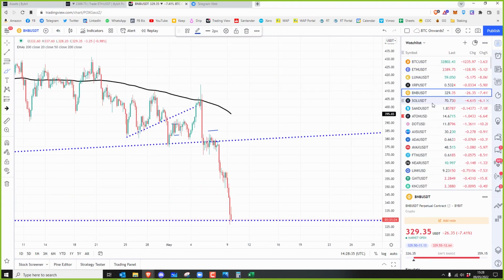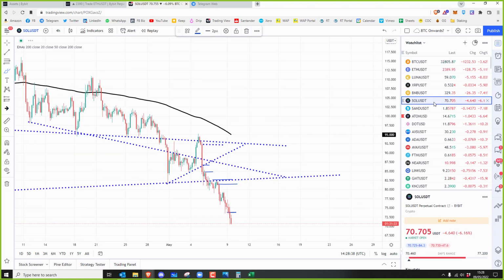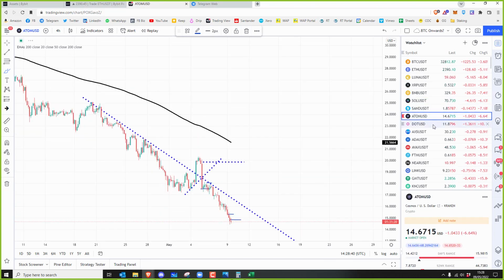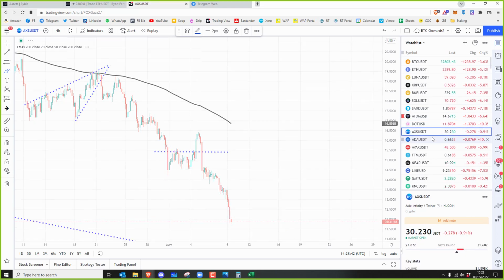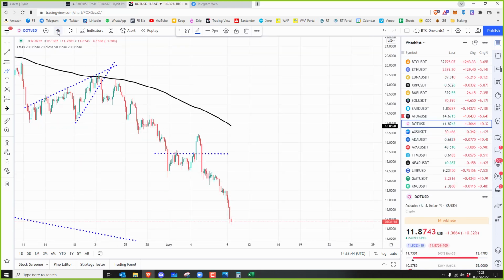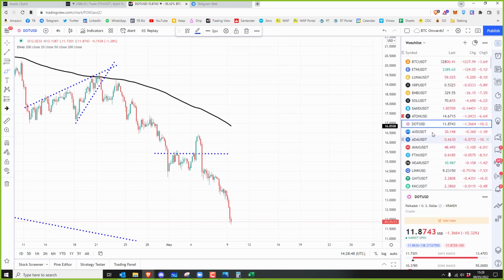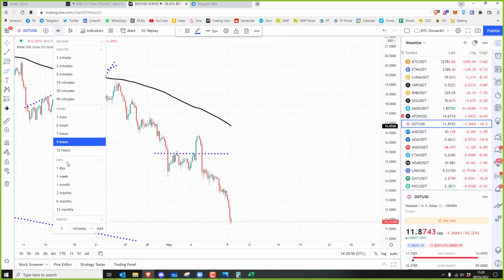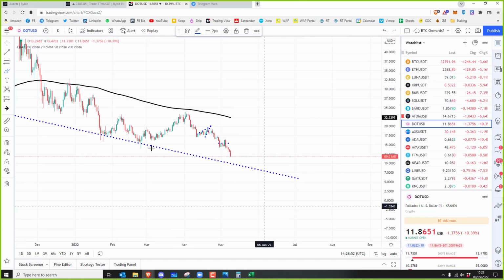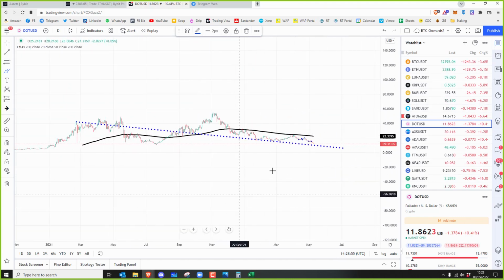Ripple we've done. Binance just looks horrendous at the moment, but it's already fallen quite far. Atom is one of my favorites. No, I am not worried about DOT. With DOT, I think it's pretty much resting on a big support level. When you zoom out of DOT, look at this.